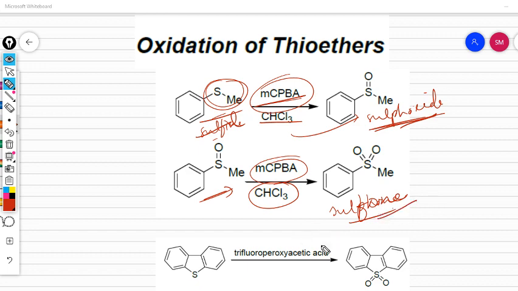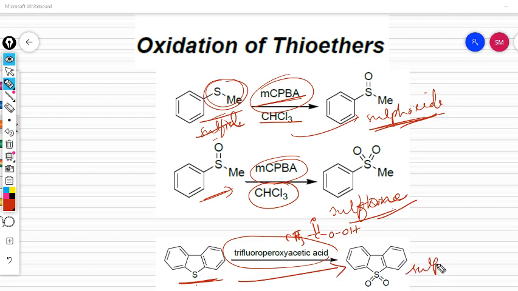If it is a sulfur heterocyclic compound treated with trifluoroperoxyacetic acid, whose structure is this, it gives the sulfone directly.